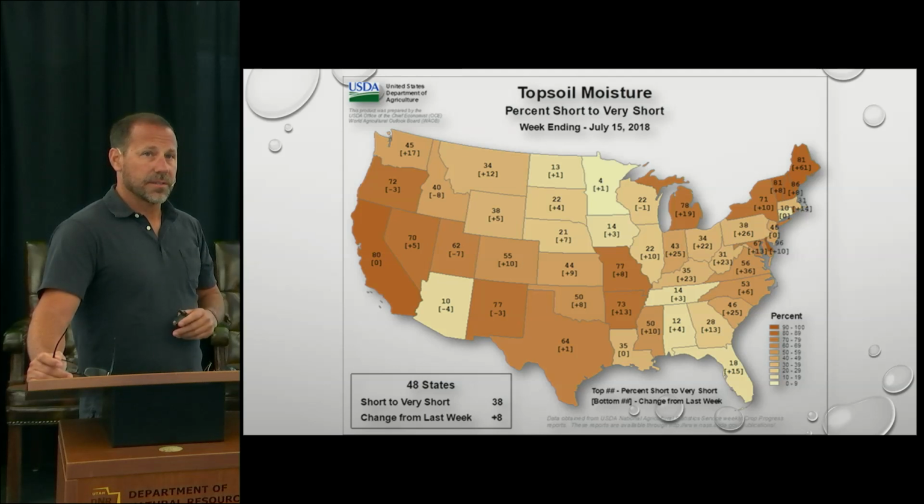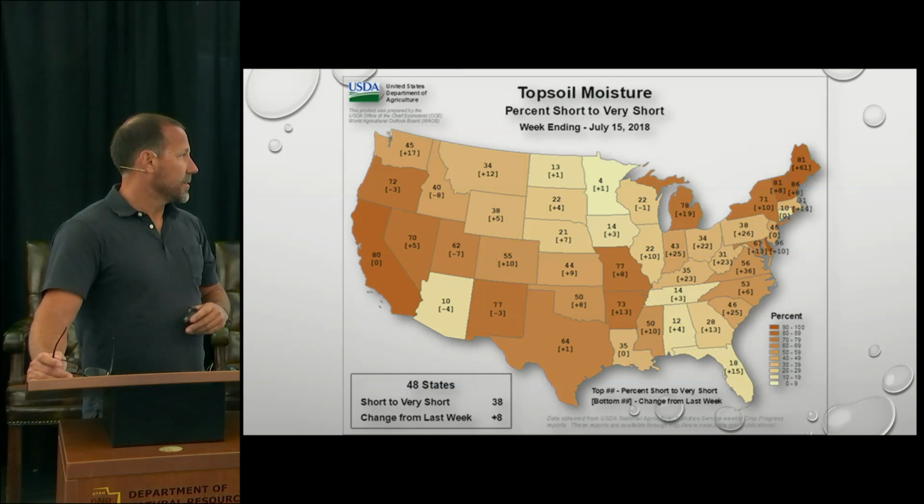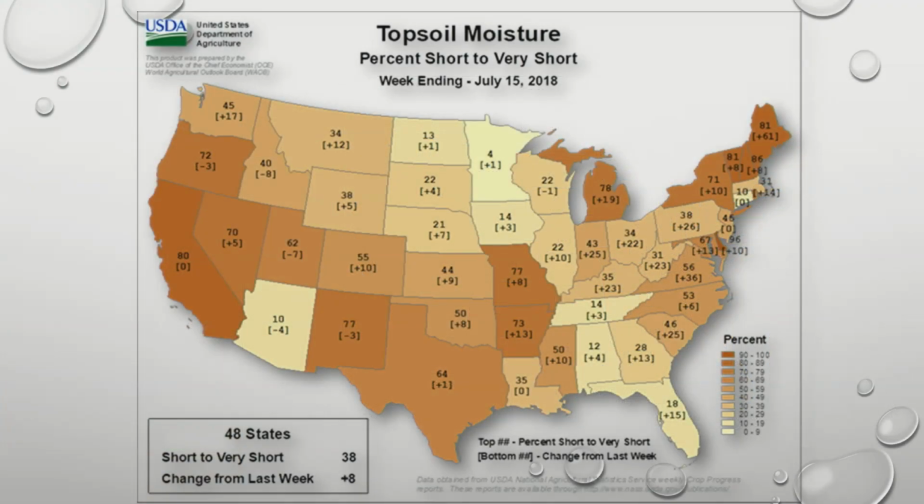We also get soil moisture data from the USDA. The products that come out are pretty coarse, but these are from private observers that the USDA has that report in data every month, and this helps us get a good idea statewide of what the data is looking like.